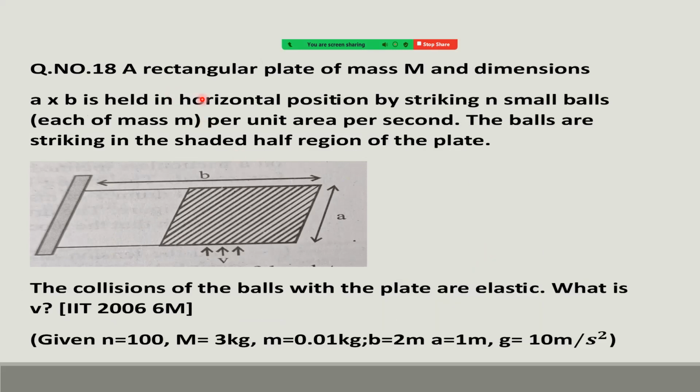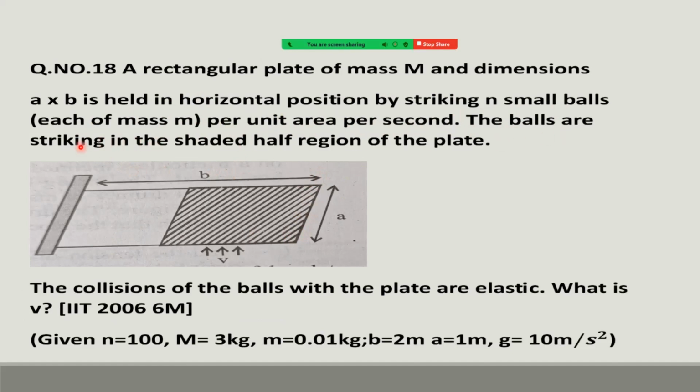A rectangular plate of mass capital M and dimensions A by B, means this length is A and this is B, is held in horizontal position by striking n small balls, each of mass small m, per unit area per second.